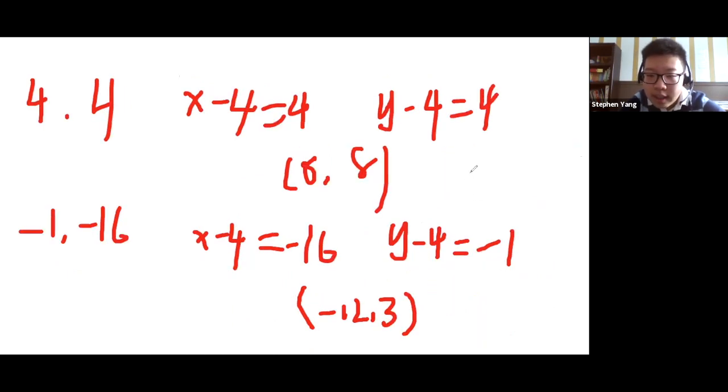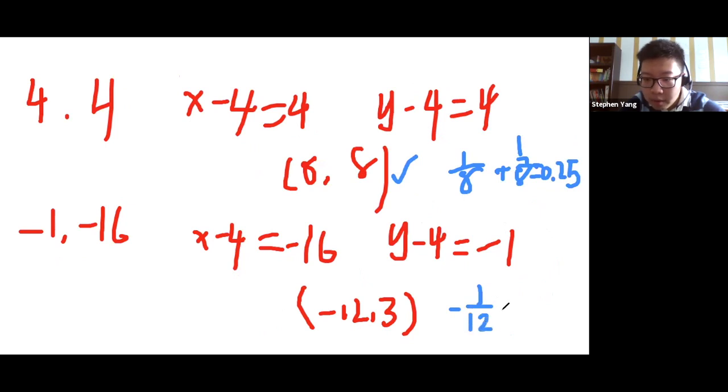Then 1/8 plus 1/8 equals 0.25, so this pair is also correct. And this pair would be -1/12 plus 1/3. That equals 0.25, no problem, so this one is also correct.